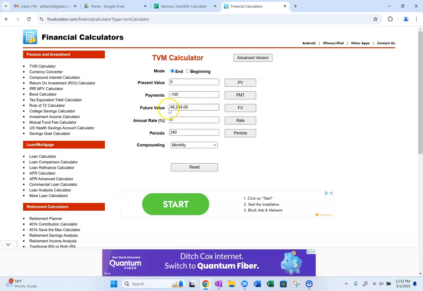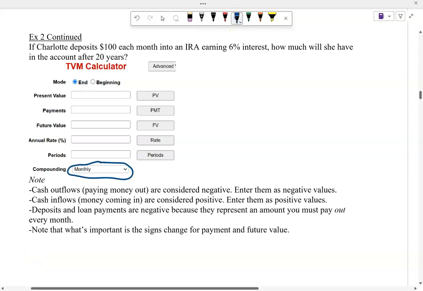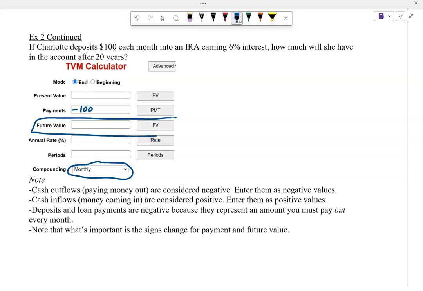There's my 46204.09. See how it's positive? That means I'm getting that money back. I can take that out after 20 years or whatever, right? Let's go ahead and write this down again. Again, this is compounding monthly. We're making $100 payments, so outflowing $100. We're going to click on the future value at the end. It's at 6%. That goes in as a percent.